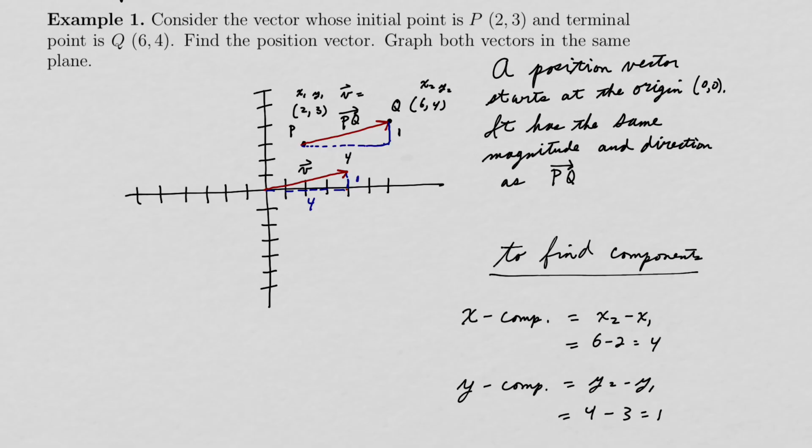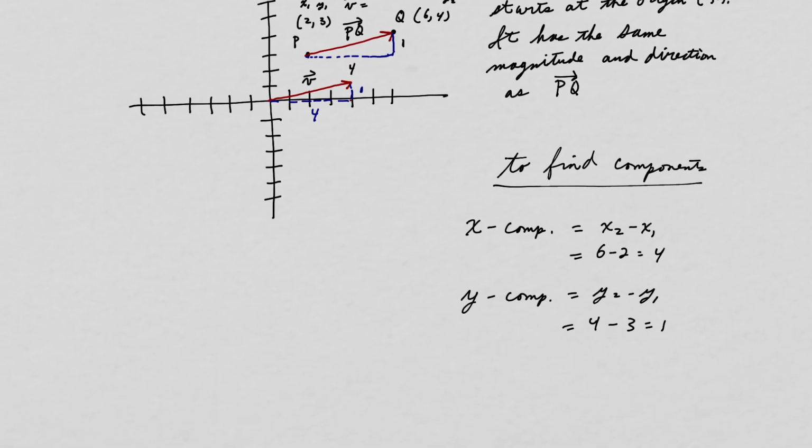And then finally, if I want to write that vector V in component form, it's going to be equal to, with my angle brackets, the x component 4 and the y component 1. This is like my A and B, or Vx and Vy in this case.